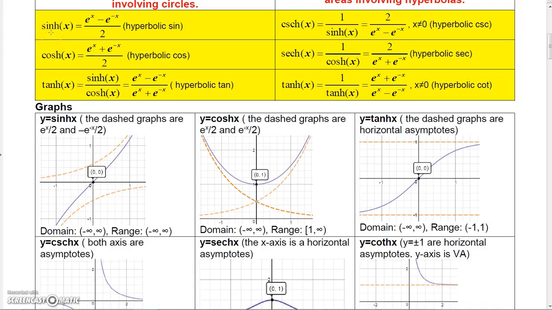Now the 6 hyperbolic functions can be represented using the natural exponential functions e to the x and e to the minus x.